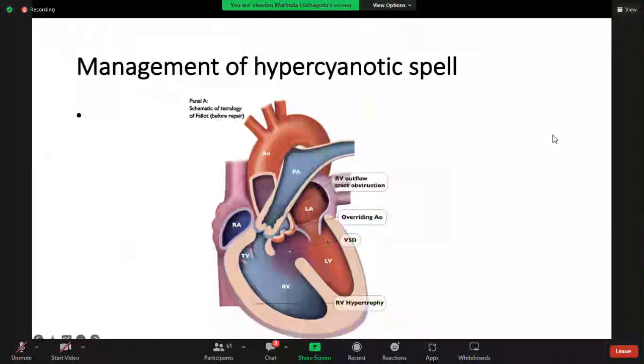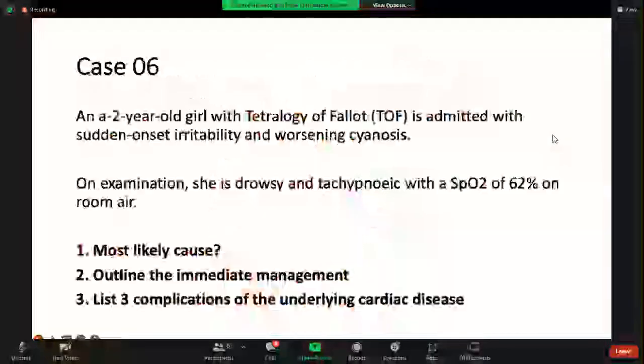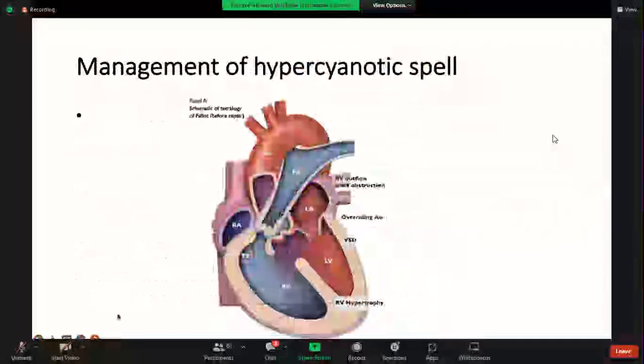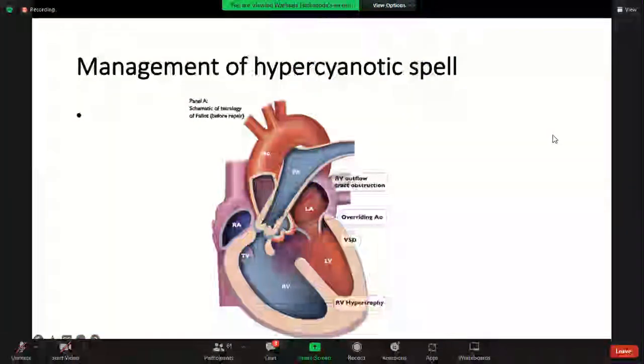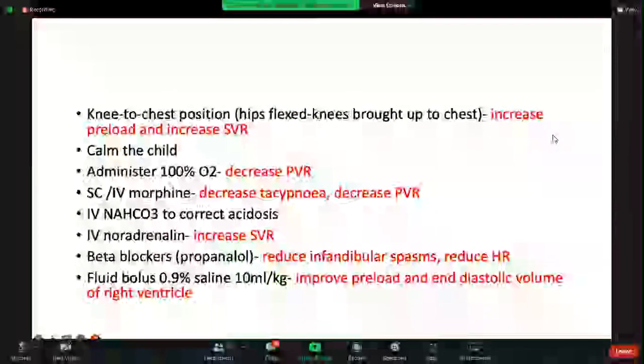So how would you manage this? For management, you have to reduce shunting from right to left. So what you have to do is increase the pressures on the left side and reduce the pressures on the right side. So what are the actions you can take? First thing, we ask them to keep the knee-chest position.